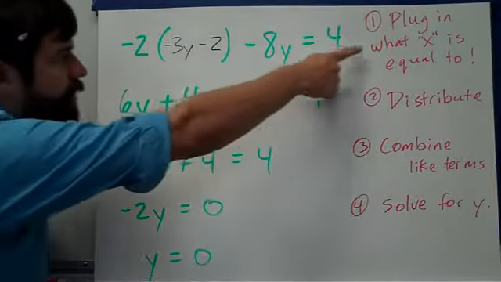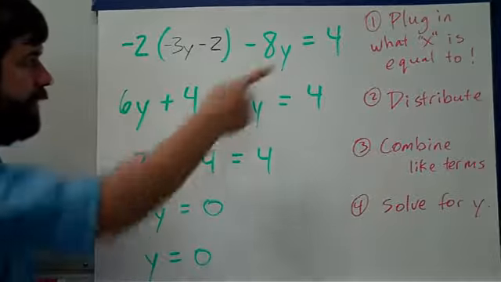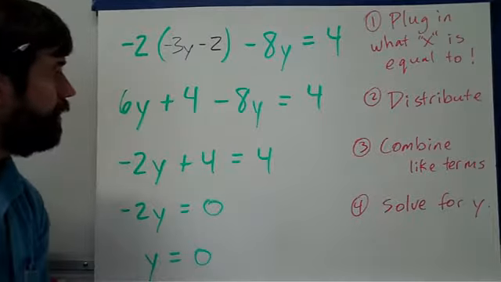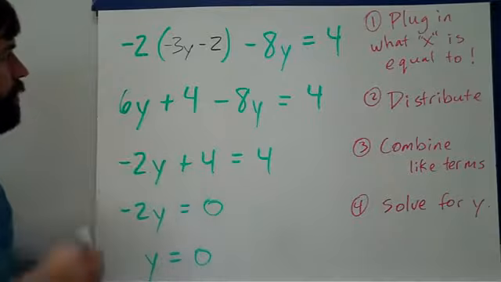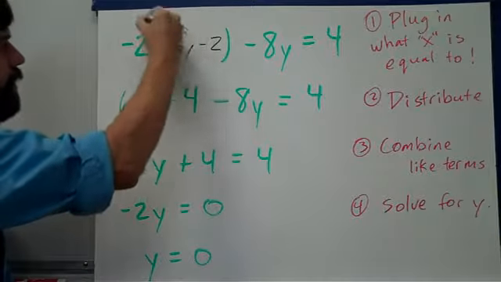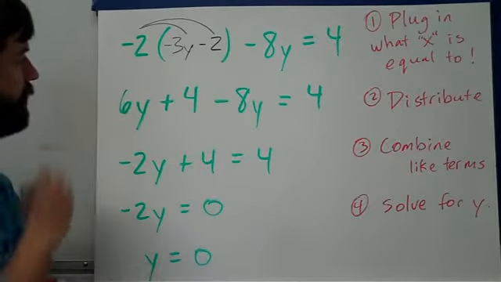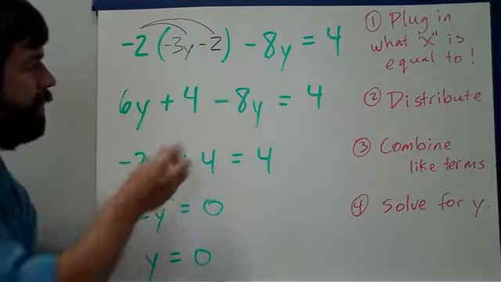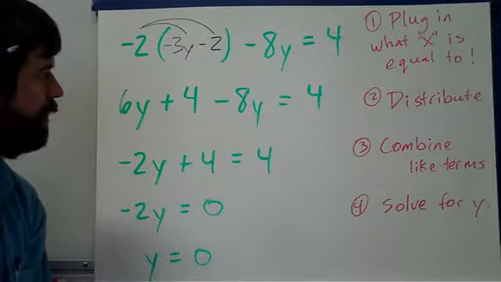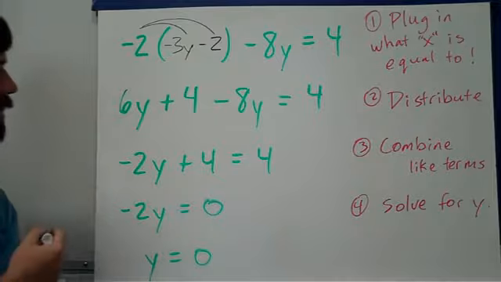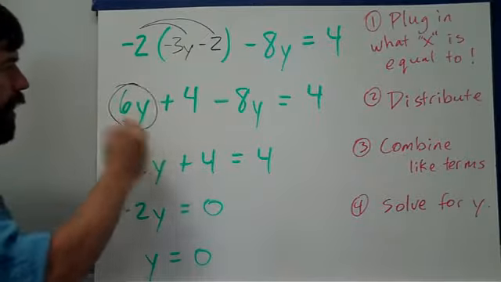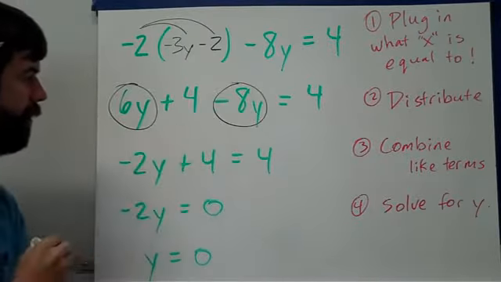So our first step is just to plug in whatever x is equal to. The second step, we're just going to distribute. All I'm doing is distributing here and here. So positive 6y plus 4 minus 8y equals 4. Then I can just combine like terms. I have 6y's here, negative 8y's over there.